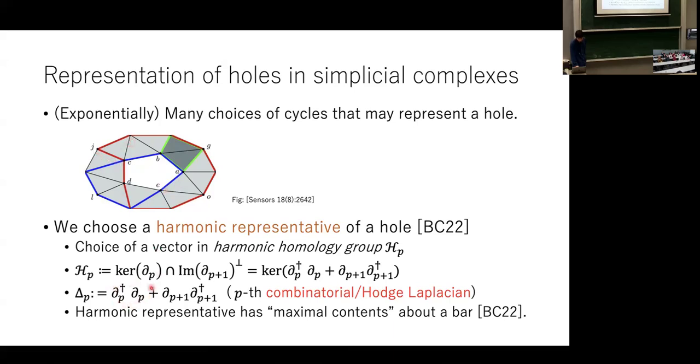Actually, this combinatorial Laplacian is a sum of this term and this term, and this term is taking the boundary of the cycle. If you apply the boundary to this blue cycle, this goes to 0. But if you apply the dagger of the (p+1) boundary operator, which I call the co-boundary operator, to this line, this gives the sum of those triangles, upper dimensional objects.